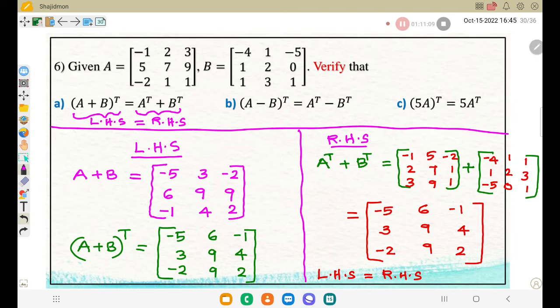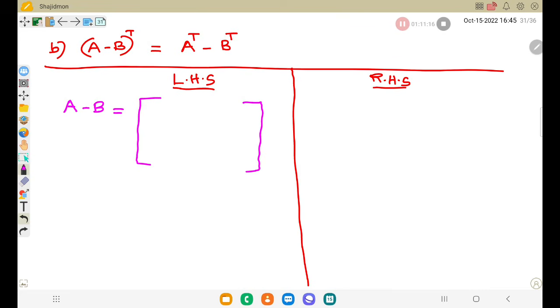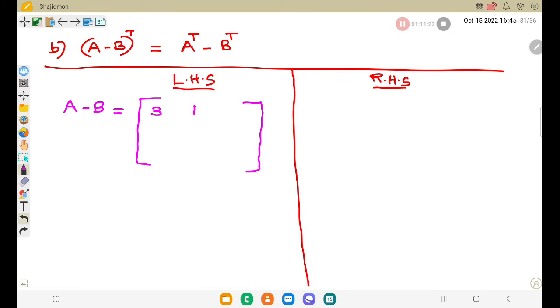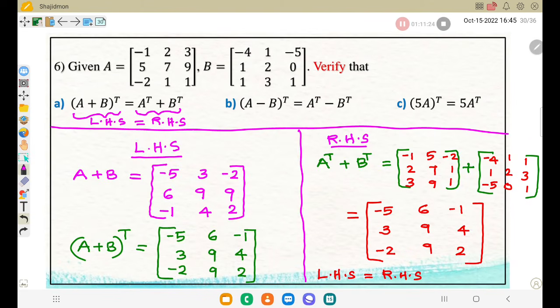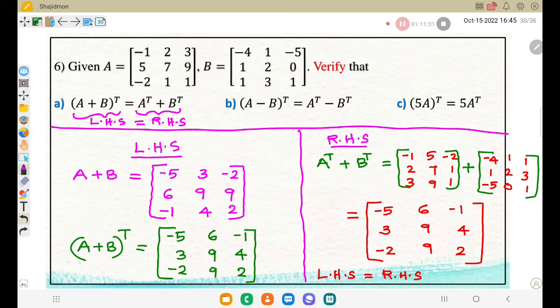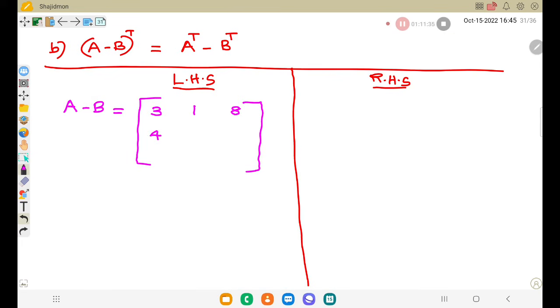So we can see A minus B, subtraction: minus 1 minus minus 4, so plus 4, minus 1 plus 4, that is 3. Now 2 minus 1, that is 1. Now 3 minus minus 5, 3 plus 5, 8. Now second row, 5 minus 1, 4, correct.